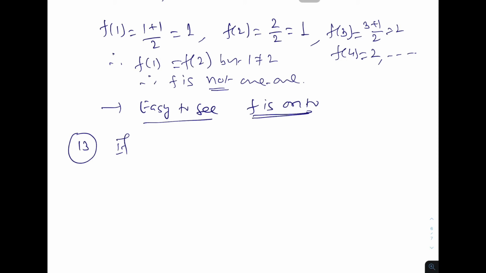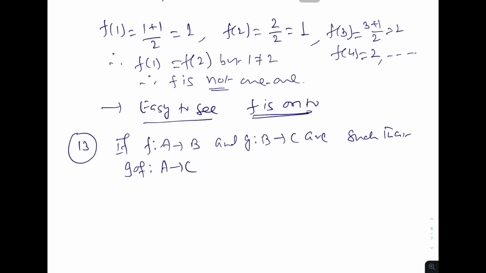Now if F from A to B and G from B to C are two functions such that GOF from A to C is one-one, then F from A to B is blank.